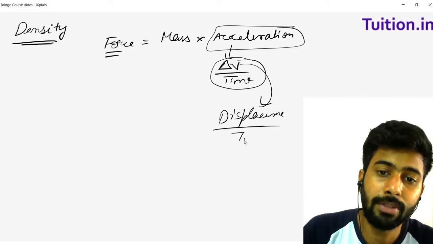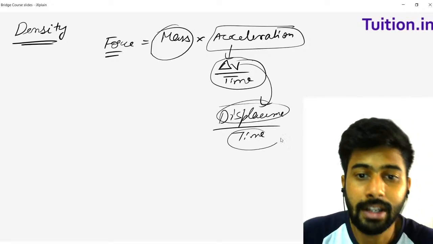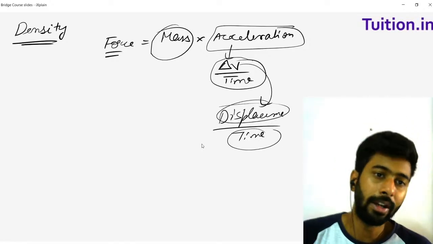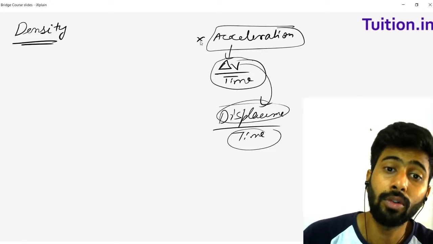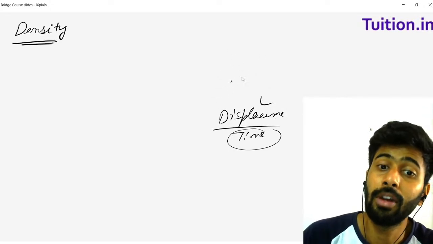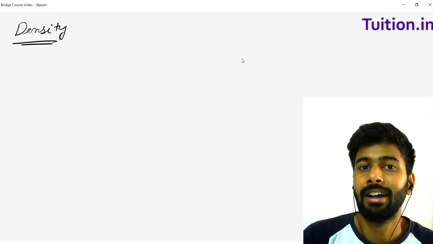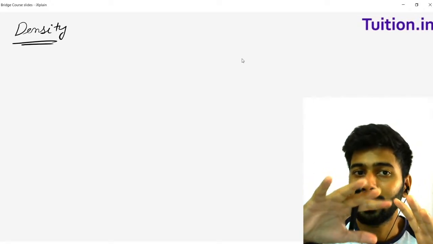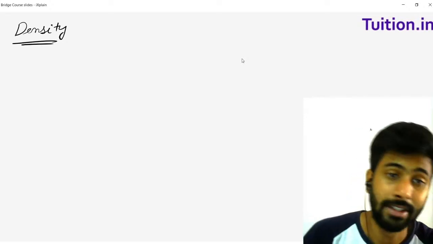When I came to displacement and time, I knew mass is fundamental, displacement is fundamental, time is fundamental. So now I don't need to do anything else. So to get dimensions of a physical quantity, you have to know the formula of that quantity, and also the formulas of the quantities involved, until you go all the way down to fundamental physical quantities. I hope I was able to make sense here.